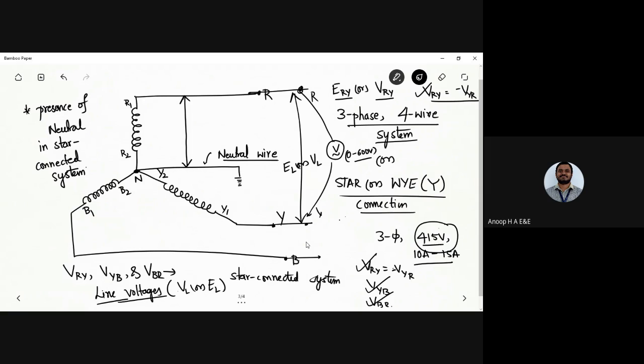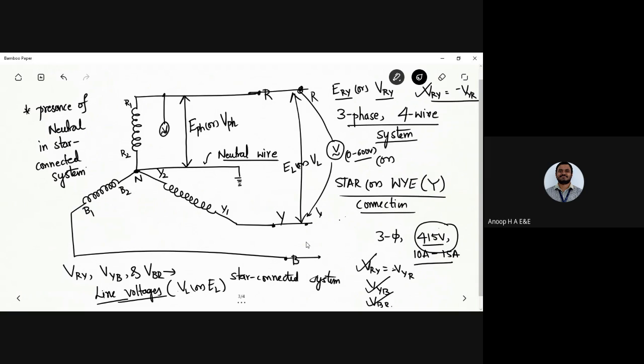This voltage is called EPH, or we call it VPH. That is termed the phase voltage. In a balanced three-phase AC circuit, if I measure from any of the lines to the neutral, I can connect another voltmeter with a rating of 0 to 300 volts.